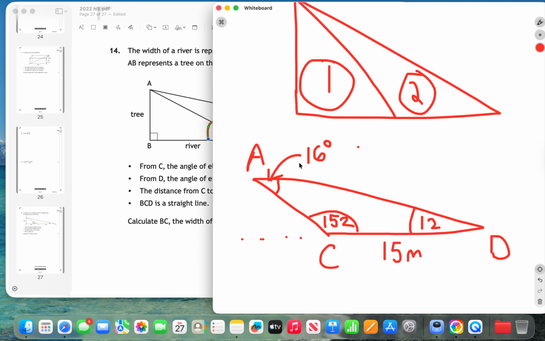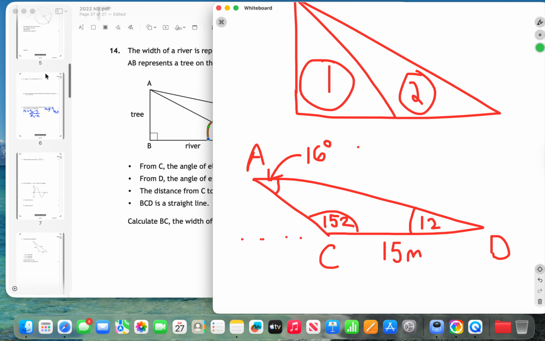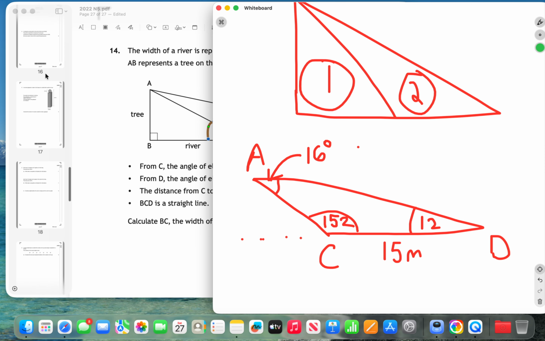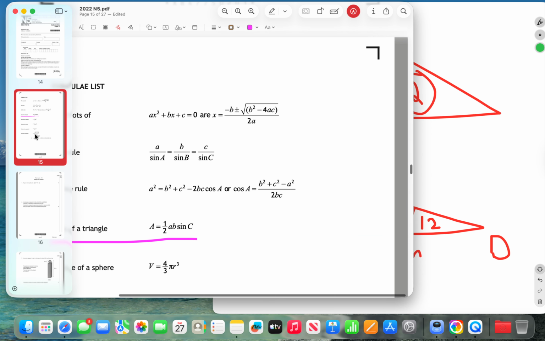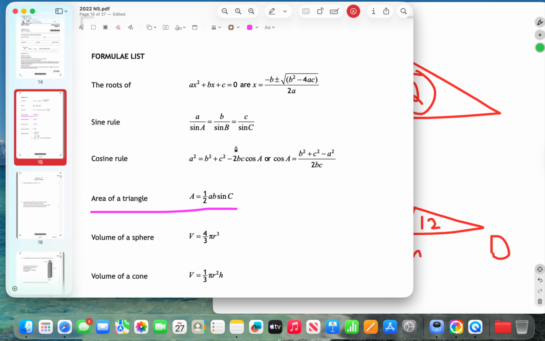And we want to find AC. So we're going to look at the formulas here, and we're finding a side, not an angle, so we don't want to use this one, because this version of the cosine rule is if you know three sides and you want to find an angle, but that doesn't apply to us.